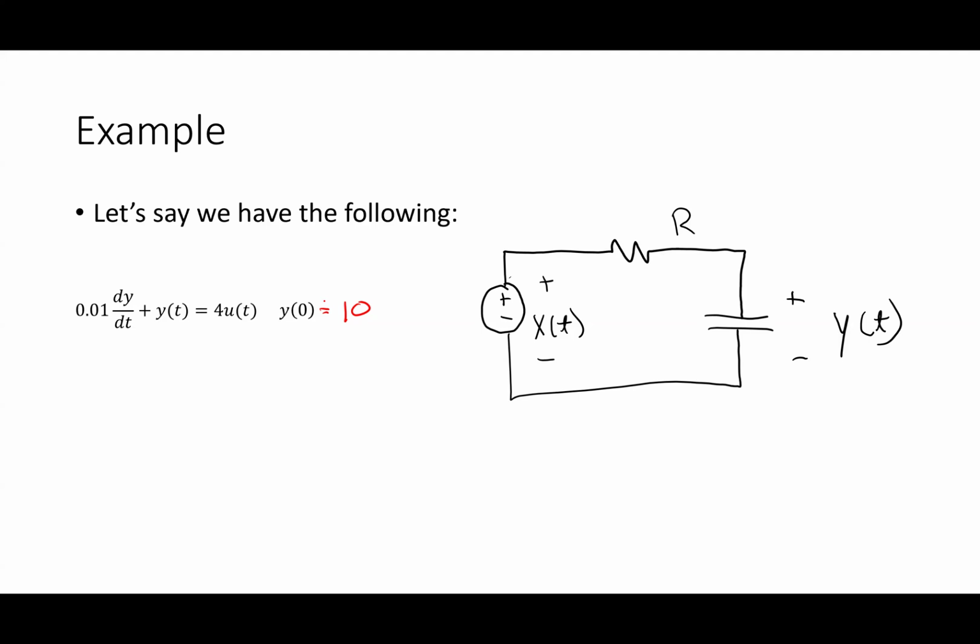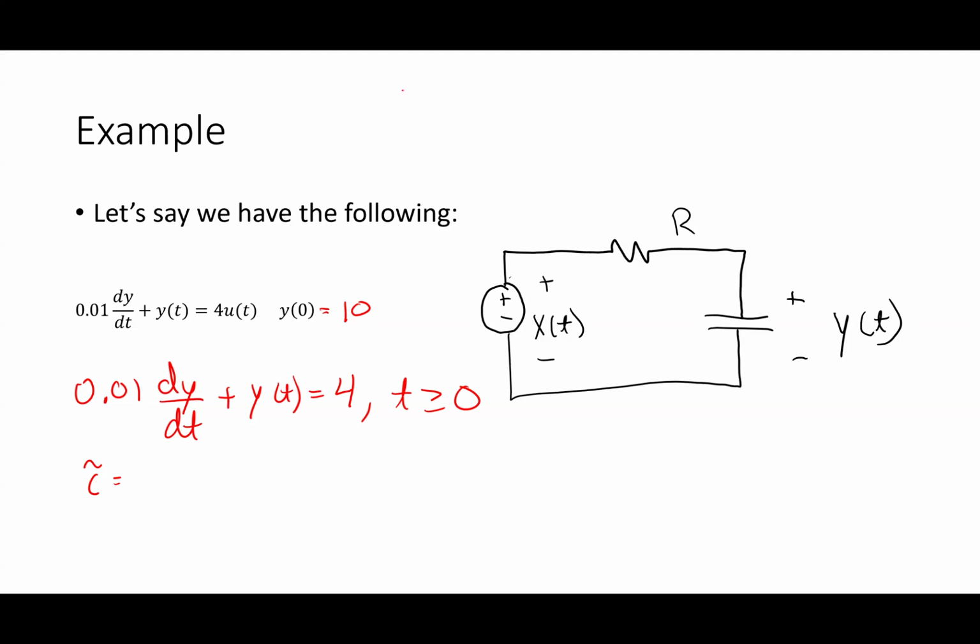So in other words, I can say this is 0.01 dy by dt plus y of t equal to 4 for t greater than or equal to 0. And the way that I would look at this here is, I've been talking in terms of tau. So what's my tau value in this particular case?